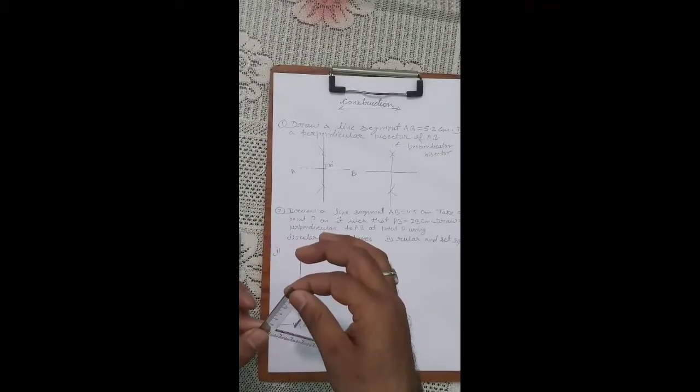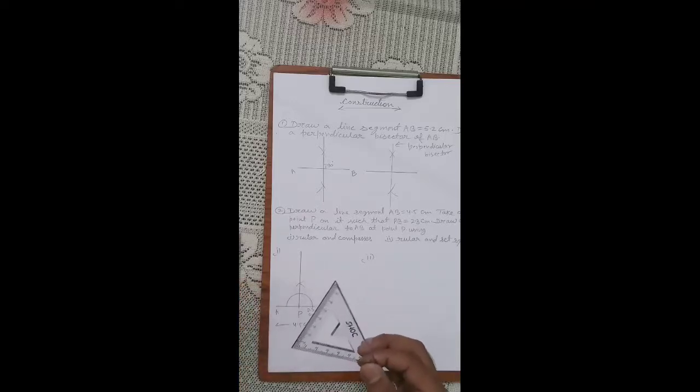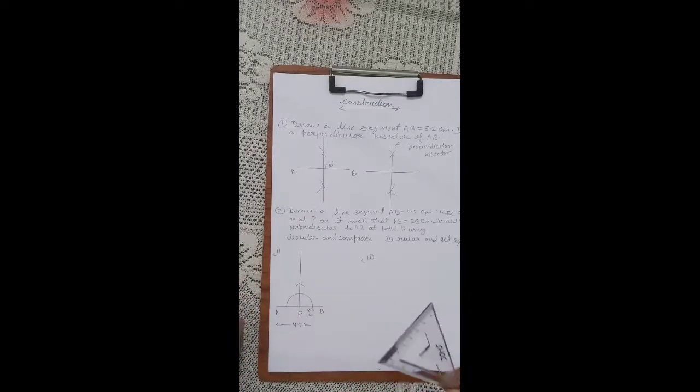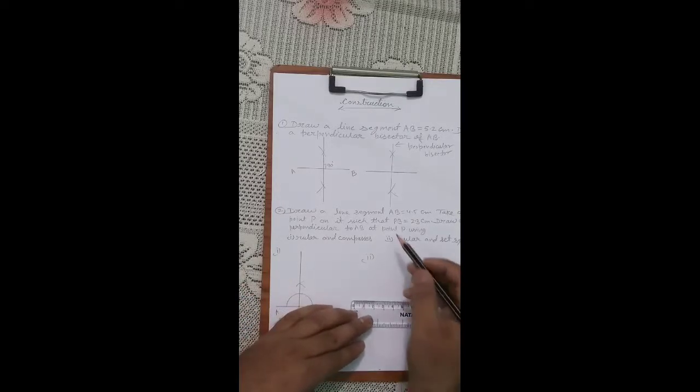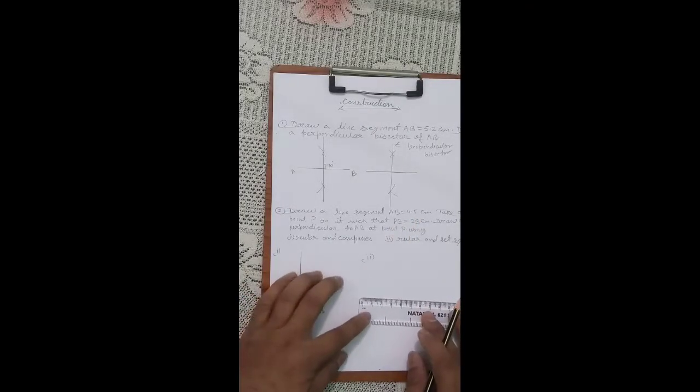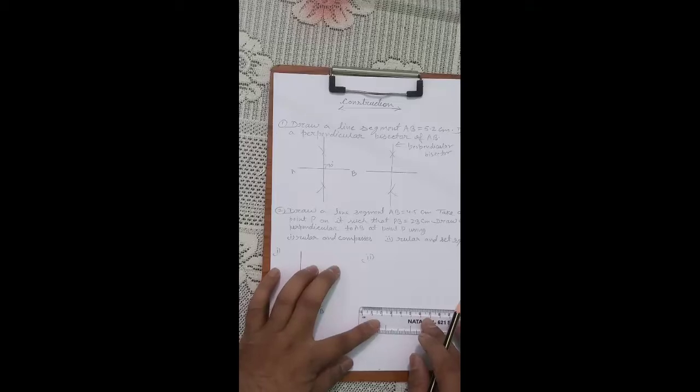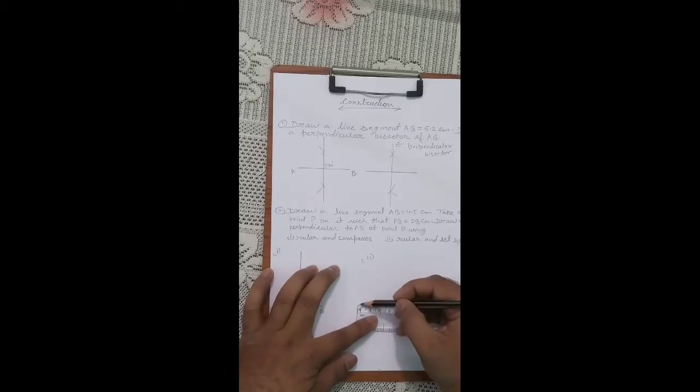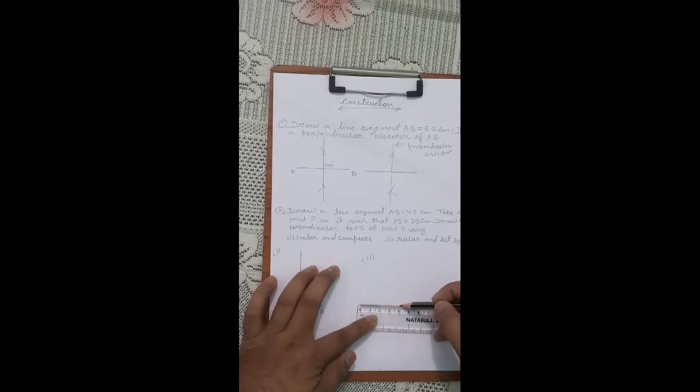So if we have to draw a perpendicular with the help of set square and scale, first by taking the scale we will draw a line segment AB equal to 4.5 centimeter. See here, with the help of scale we will draw the line segment of 4.5 centimeter.